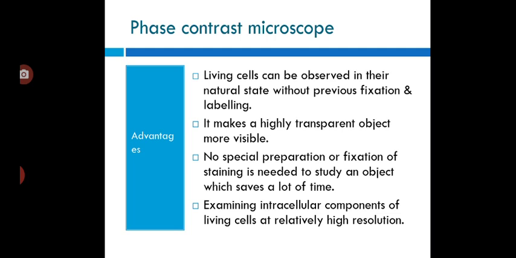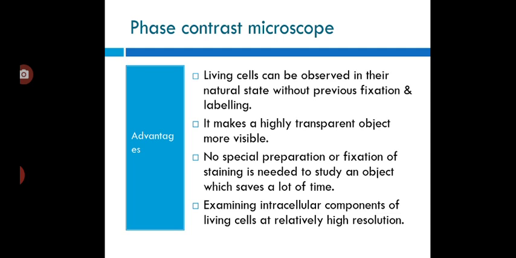That means in most cases, observation of particular microorganisms or cells needs a prior fixation or a prior staining so that they can be viewed under the microscope.